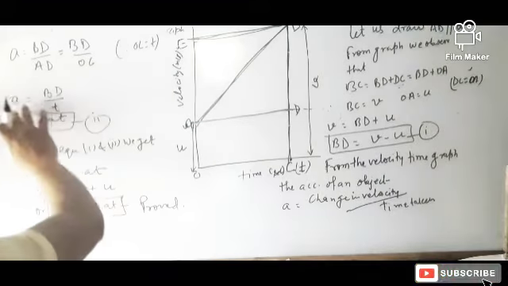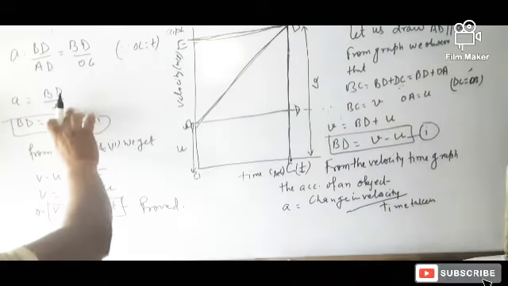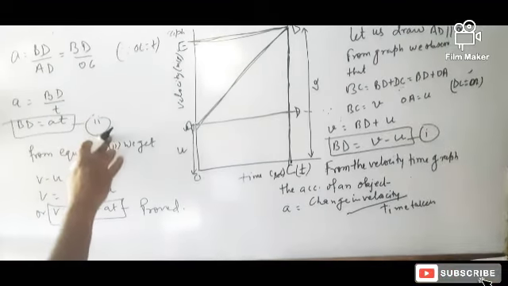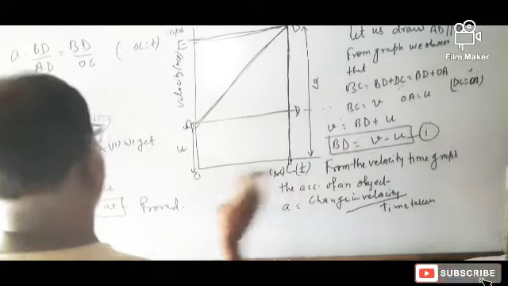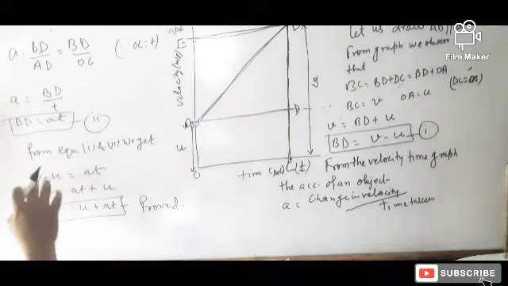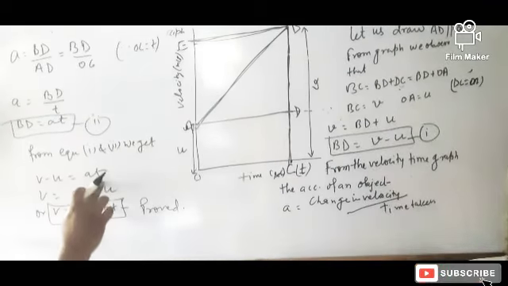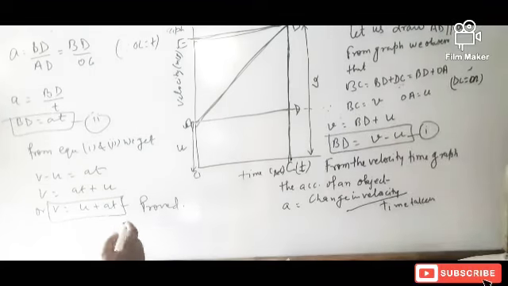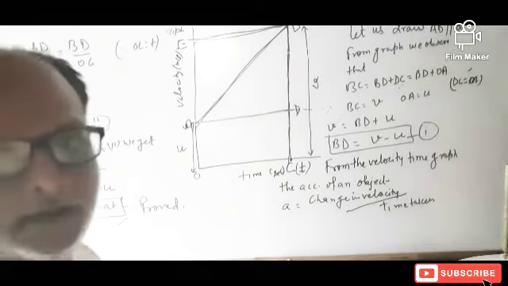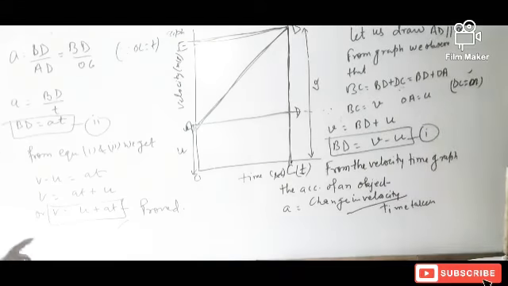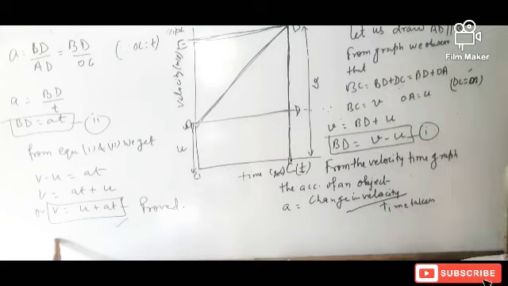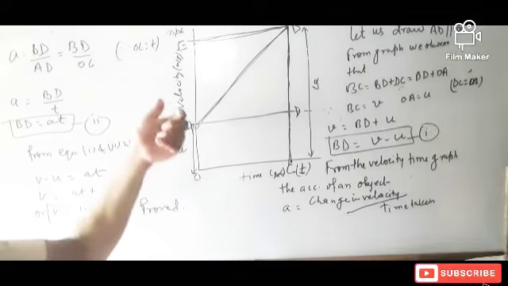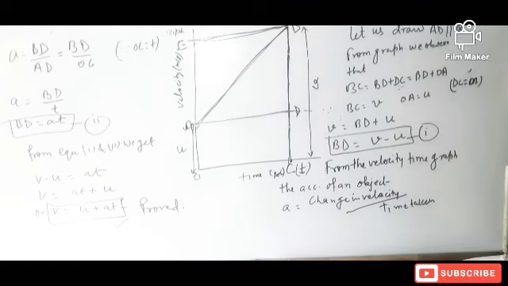So a is equal to BD by t, so BD is equal to at. This is equation number 2. From equations 1 and 2 we get V minus U is equal to at, so V is equal to U plus at. This is the first equation of motion, V is equal to U plus at, proved by the graphical method.